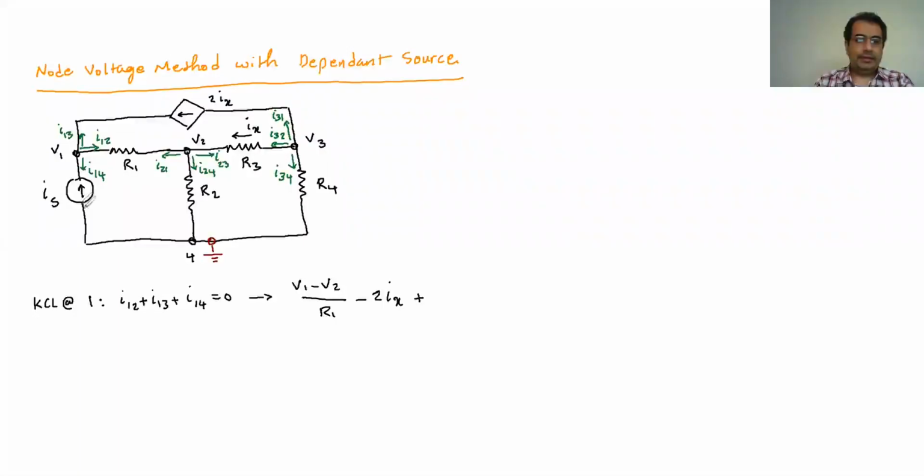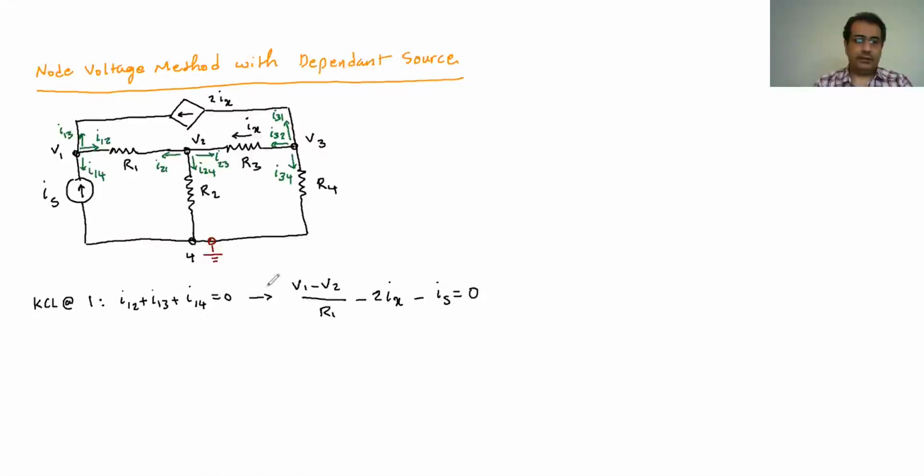It pushes the current from bottom to top, and the direction of current we chose here is from top to bottom. So the direction we chose is opposite of the current here, so it's going to be negative, and the magnitude is going to be Is, equal to 0.